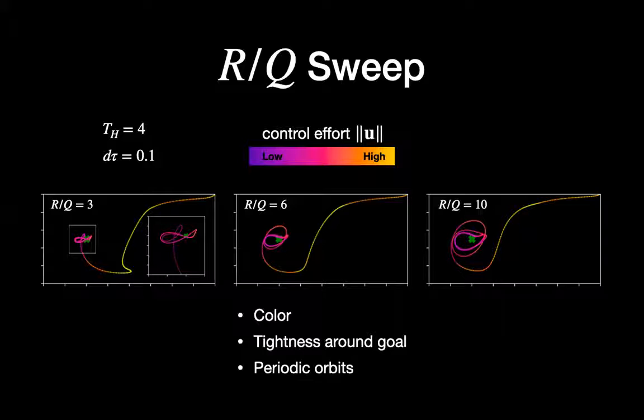If you see the leftmost figure, you have this really tight orbit around the goal, and it's loosening up as I increase the R by Q ratio. Another aspect to notice is that all of these closed loops around our goal are our hovering states, which are periodic orbits. They're moving in these continuous loops, without being dragged around chaotically like the ocean normally would.